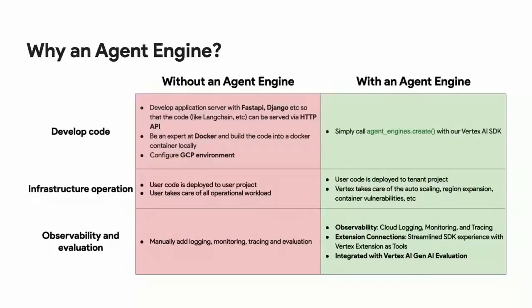You need to get your agent code. You need to wrap the agent in one of those services like FastAPI or Django. You need to build your container, and then you need to figure out your environment to run it. In this case, it can be a GCP environment, and then you need to handle all the operations related to infrastructure, and at the same time, you also need to monitor these agents.